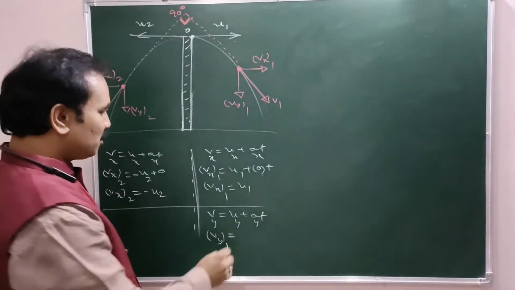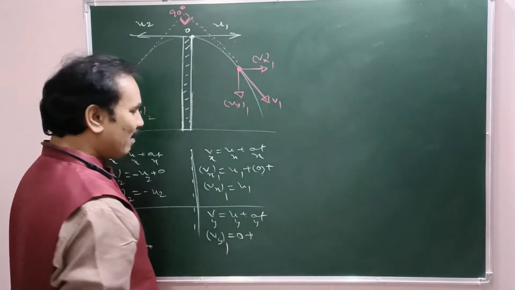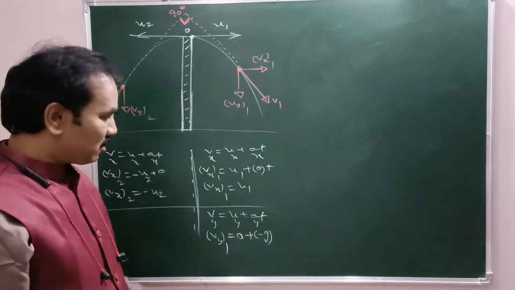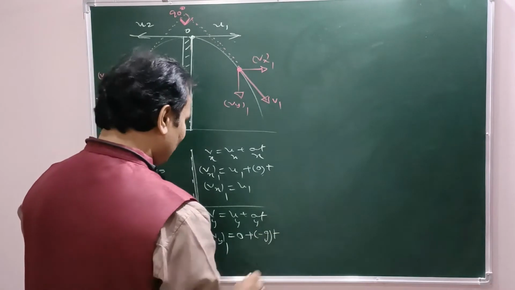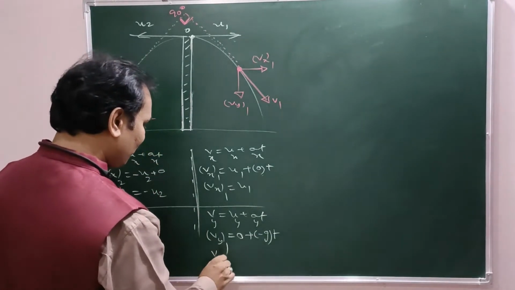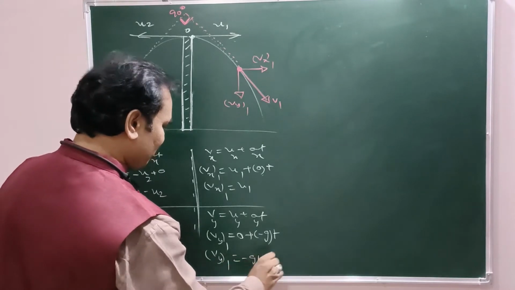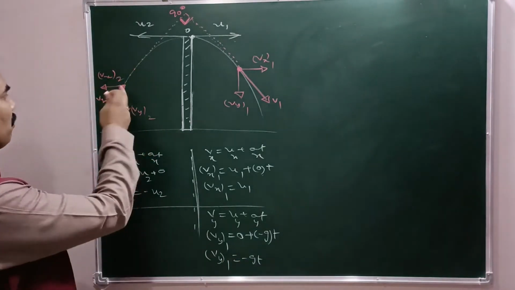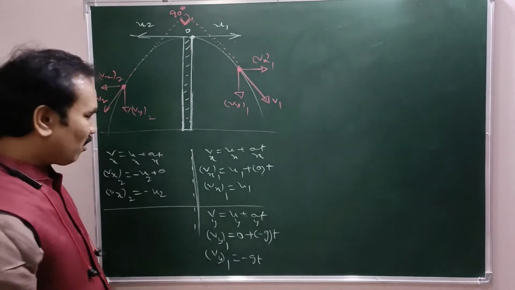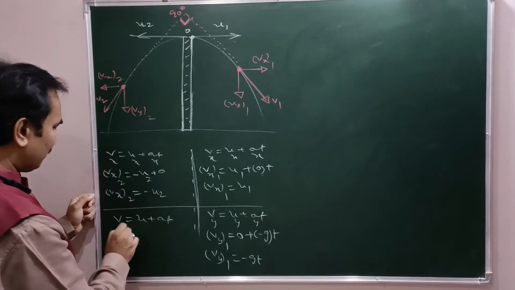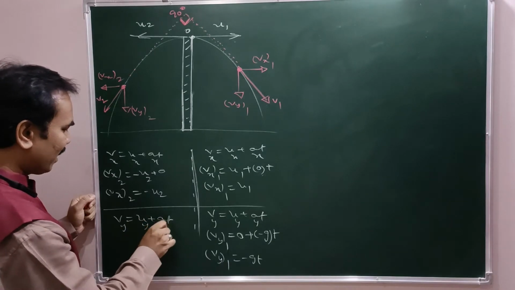So uy is 0 plus ay, which is minus g, the acceleration due to gravity acting vertically downwards. So minus g into time. That is vy1 equal to minus g t. Coming to the second projectile, what about the y component? Take v equal to u plus at once again, that is vy equal to uy plus ay into t.